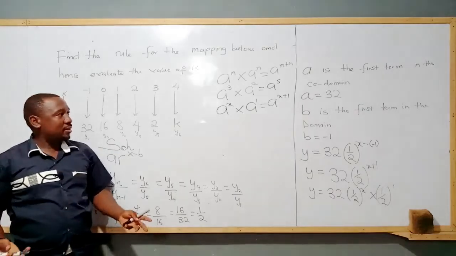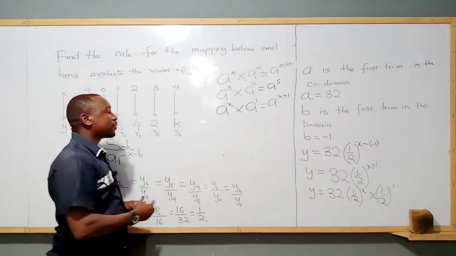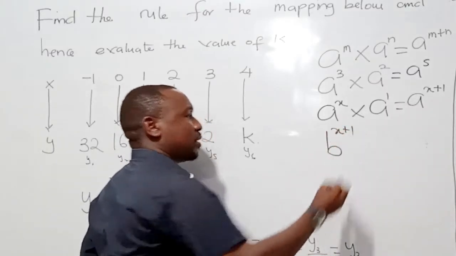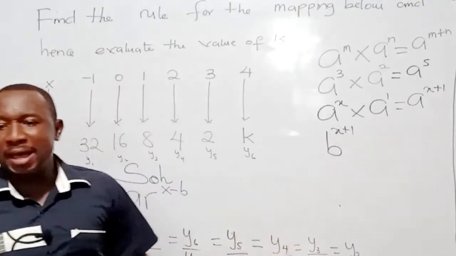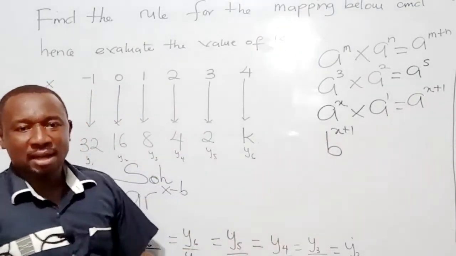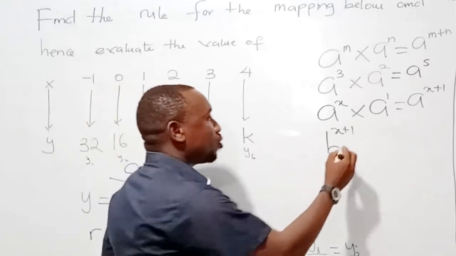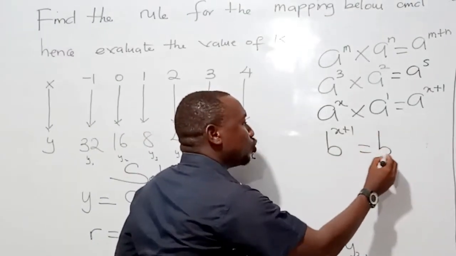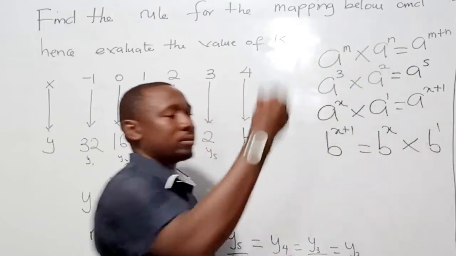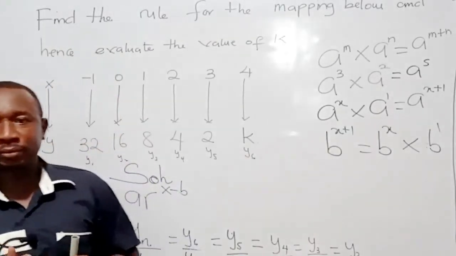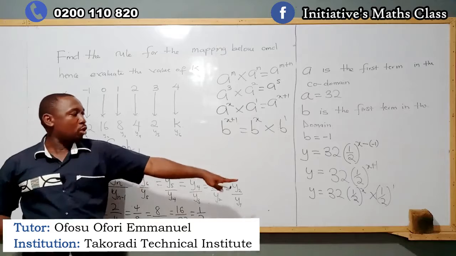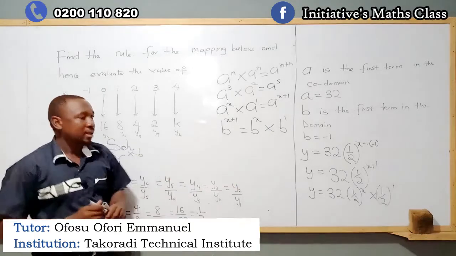In other words, b to the power x plus 1 can equally be written as b to the power x times b to the power 1. You can split it like that. So that is what we have applied down there.